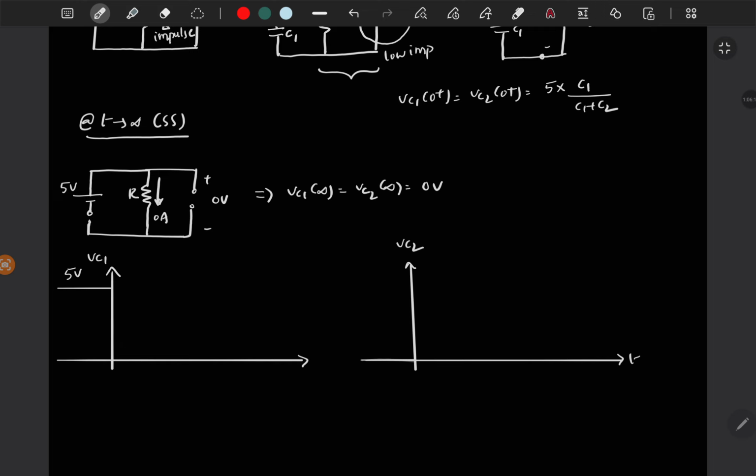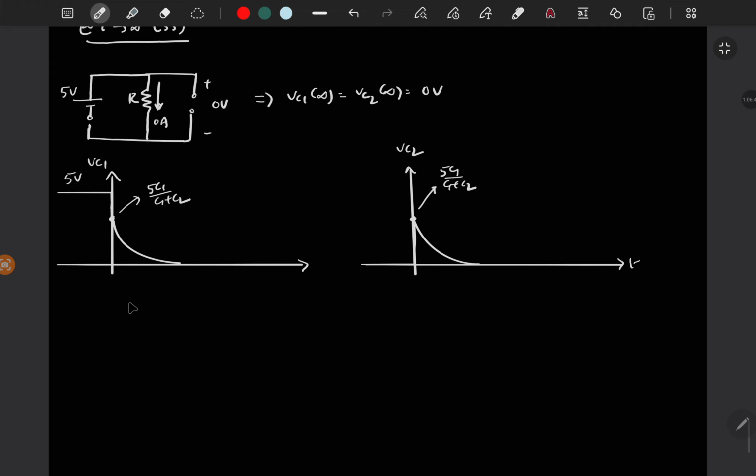So this is 0, and both are going to the same value. So this is 5C1 by C1 plus C2, and 5C1 by C1 plus C2. So this is going from 0 to this value, and this is going down from 5 to this value, and exponentially those two are reaching 0 at steady state. That's it.